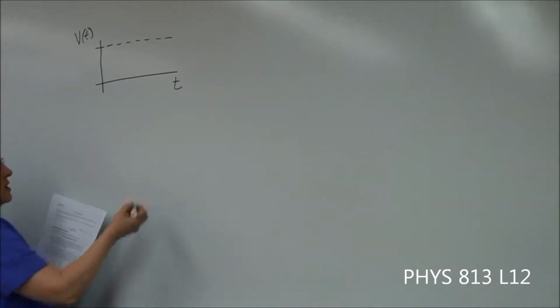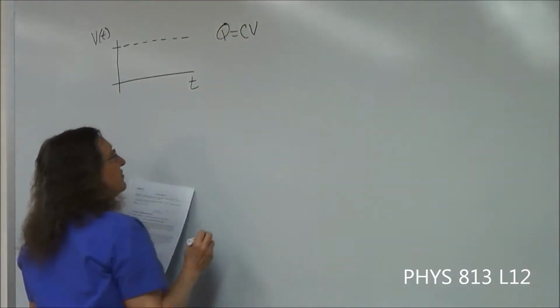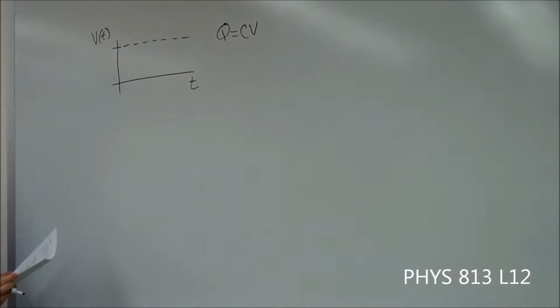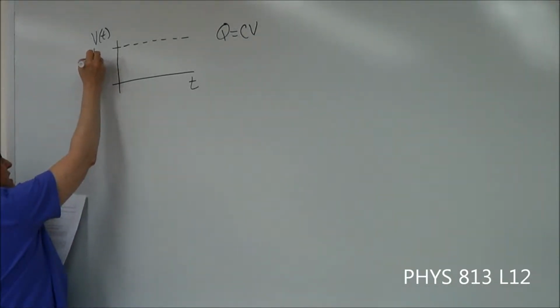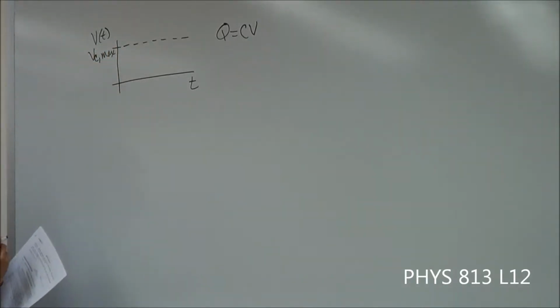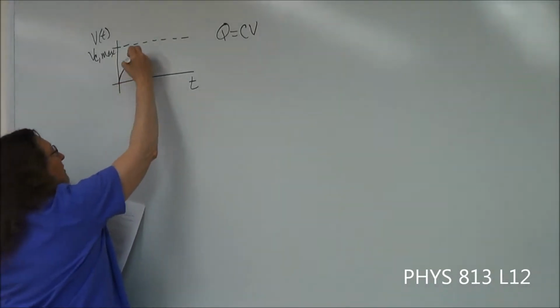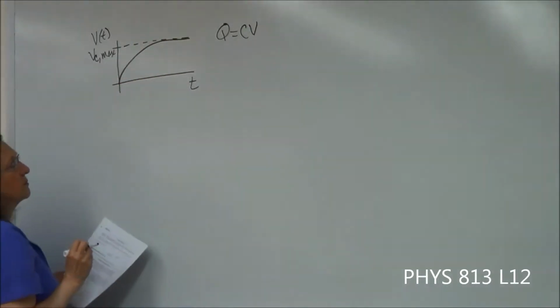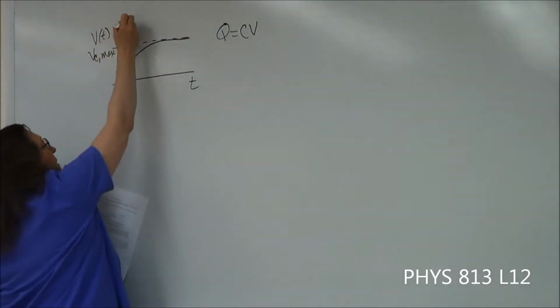Remember that for a capacitor, the maximum charge is capacitance times voltage. We aren't going to use that today, but I thought I would mention it. So this here is VC max, the maximum voltage across the capacitor, and this graph comes up and across something like that. And this is for the charging process.